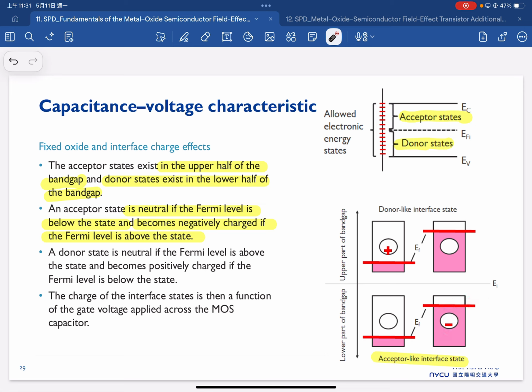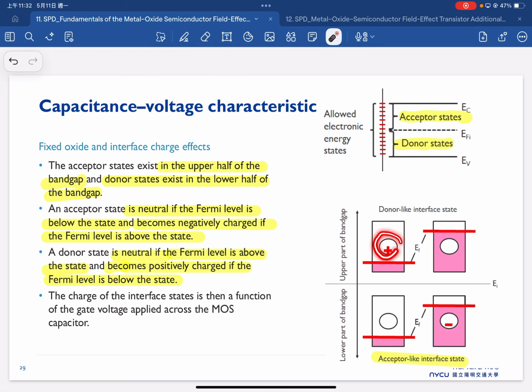On the other hand, we call it a donor state. A donor state is one where, if the Fermi level is above the state, that will cause it to be neutral. It's like this one. If the Fermi level is above the state, there is no charge, so that will be neutral. However, it becomes positive charge if the Fermi level is below the state.